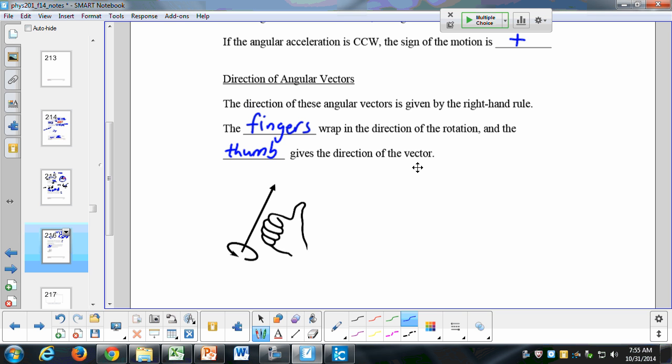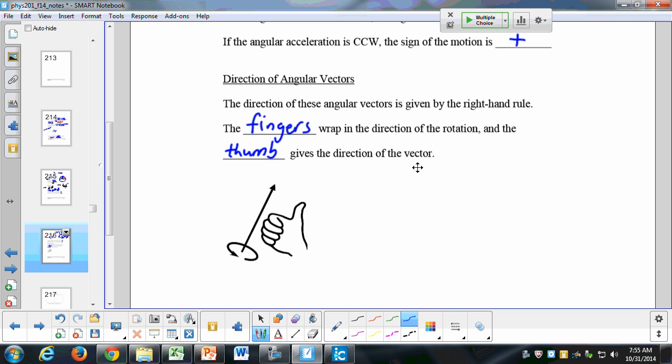So anyway, we'll use the right-hand rule. Our fingers wrap around in the direction of motion, and then our thumb gives the direction of the vector. So for example, if I have this object traveling around in this direction, what is the direction of the angular velocity? It's going to be straight up, right?